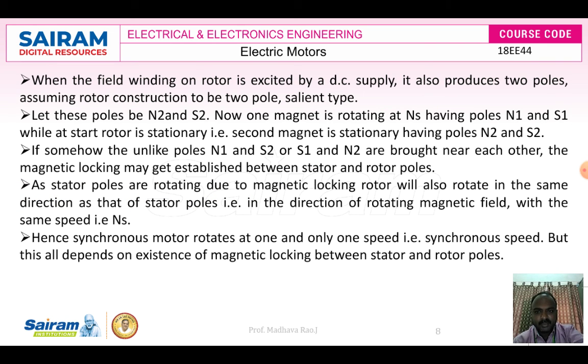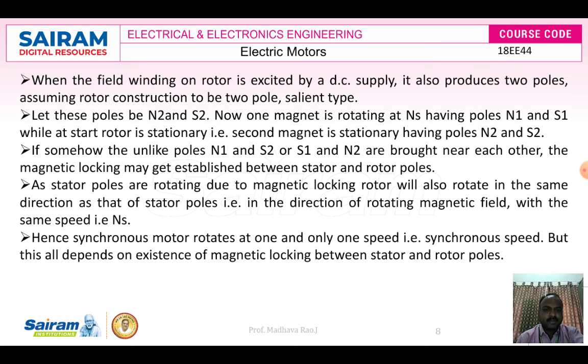When the field winding on the rotor is excited by DC supply, it also produces two poles, assuming the rotor construction to be two-pole salient pole type. Now we are seeing new positions of the poles, N2 and S2. Previously we considered N1 and S1.